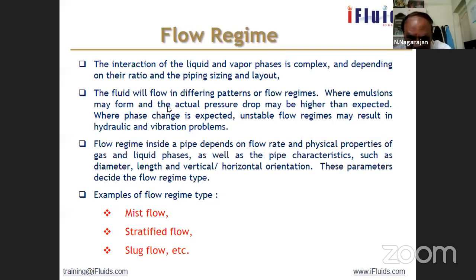There will be a gas pocket followed by liquid. So you can have gas slugs or liquid slugs depending upon the proportion. If you have more vapor and less liquid, you may find slugs of liquid.